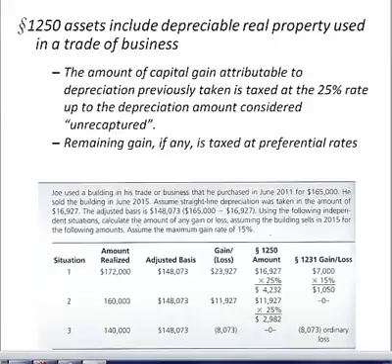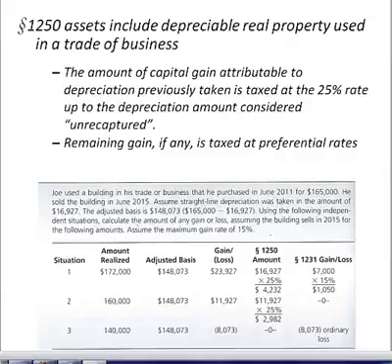Next, we'll look at Section 1250 property. Recall that Section 1250 assets are depreciable real property used in a trade or business, such as an office building or residential real estate. And the gains are treated very similarly to the way the Section 1245 gains were treated.